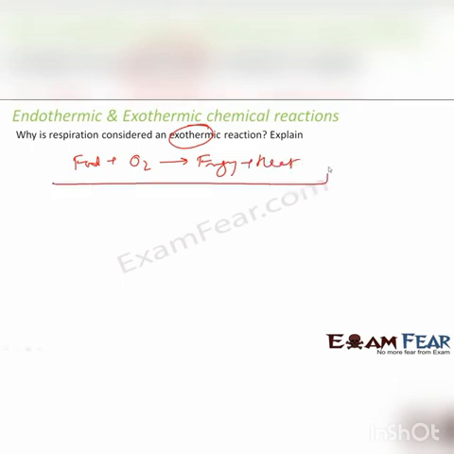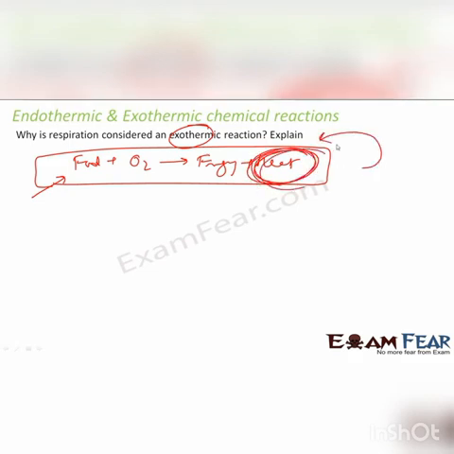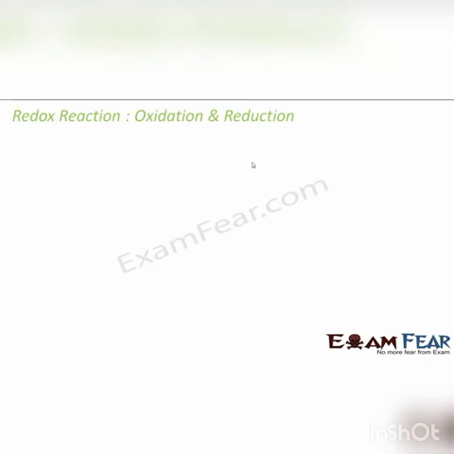This is the typical equation for respiration. In this case, the heat is coming out. Since the heat is coming out, it is an exothermic reaction. Hope you understand this? In respiration, you have food in the presence of oxygen, and the body uses catalysts and enzymes, so this produces energy and heat. It comes out of this reaction, so it's an exothermic reaction.